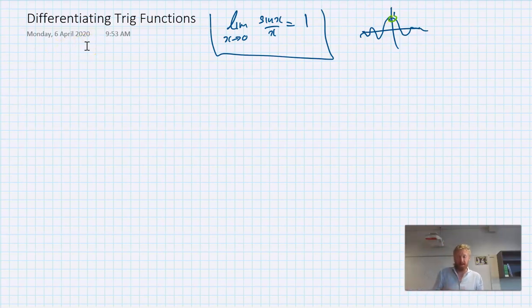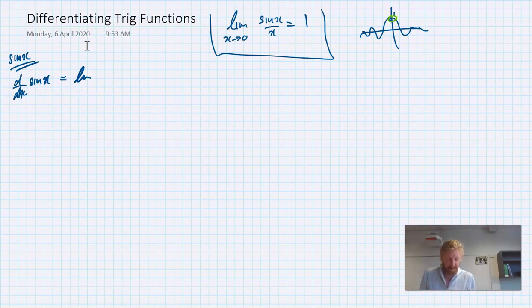So deriving sine. If I don't know how to derive something, I've got to go back to first principles. That's why it's called first principles. So let's look at sine x. The derivative of sine x using first principles is the limit as h, not x.